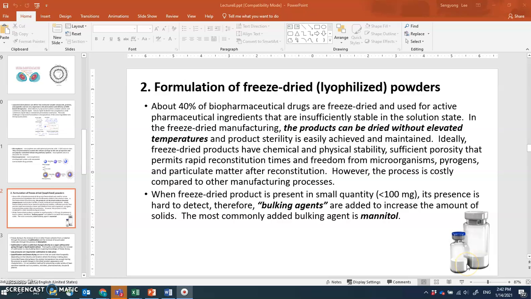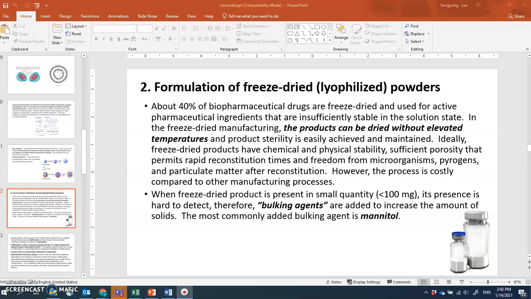Okay? So it turns out about 40% of biopharmaceutical drugs are freeze-dried. So that's a lot of drugs. Why is it so popular? Because there are benefits of freeze-drying. So the products can be dried without elevating temperature. When you dry, you may think, oh, you can remove water if you boil it, right?